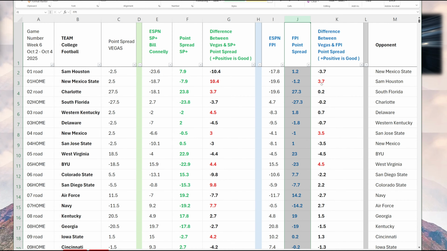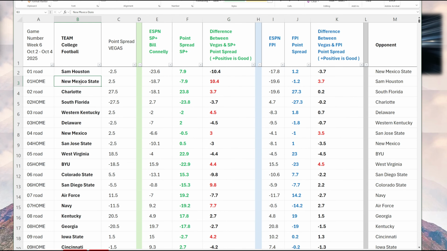The ones in red are where there's a deviation of 3 points or more. When you see these deviations, sometimes you see a negative and sometimes a positive. Positive is good. When you see these red positive deviations, these are good deviations which favor that specific team.